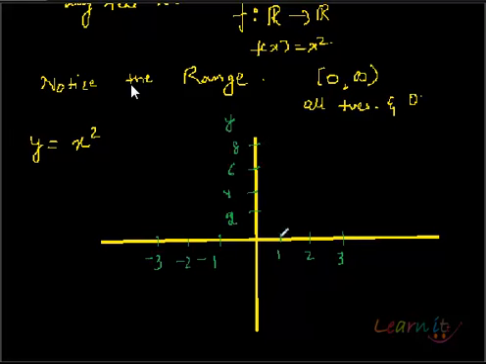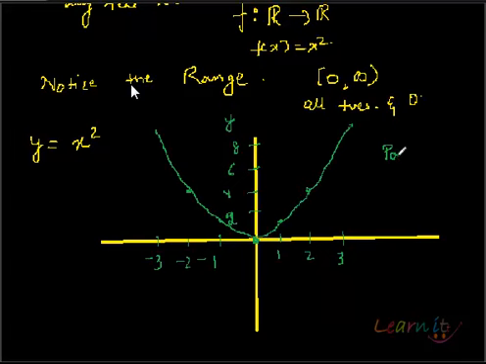and so on. So for 1, it is 1, right? For minus 1 also, it's going to be 1. For 0, it is 0. For 2, it's going to be 4. For minus 2 again, it's going to be 4. And so on and so forth. So this is how the parabolic shape comes out.